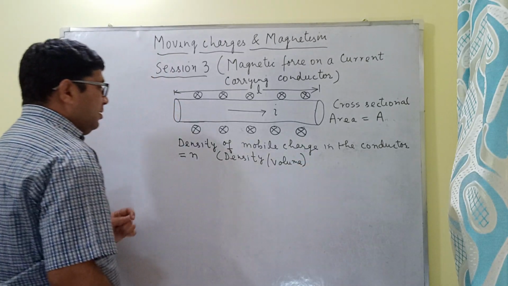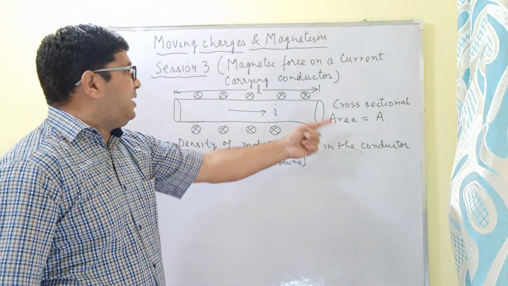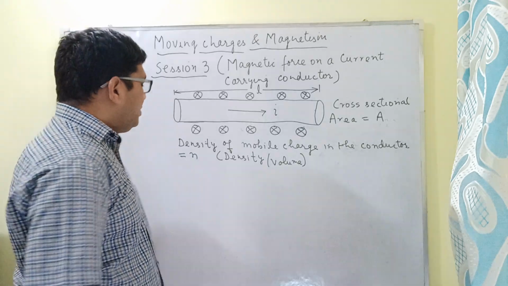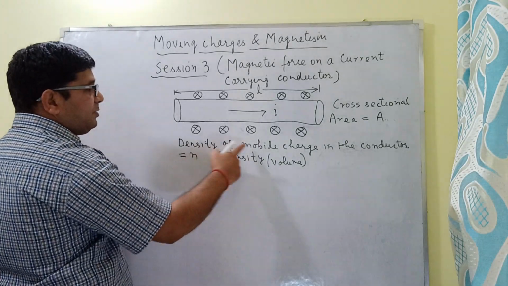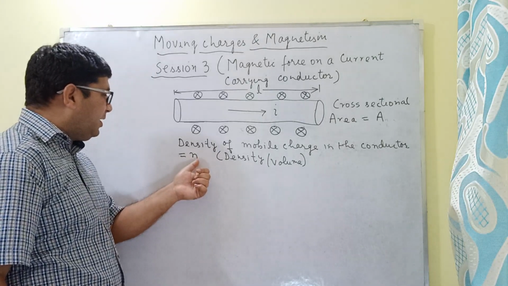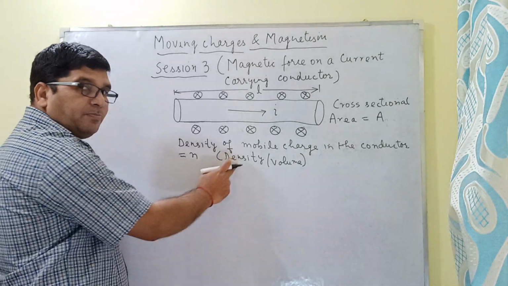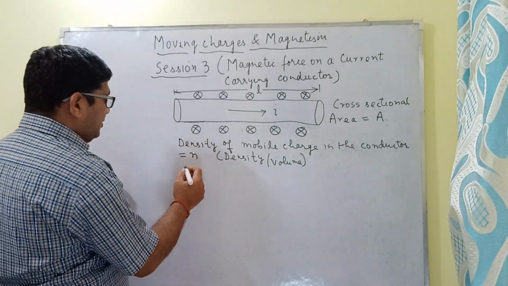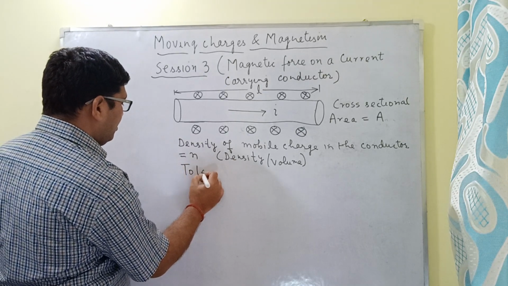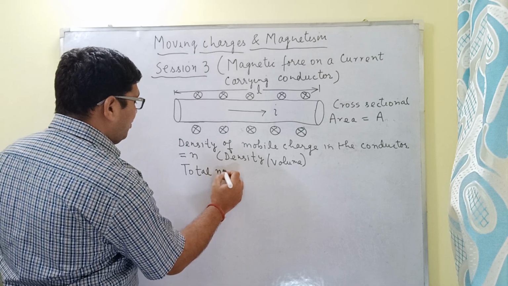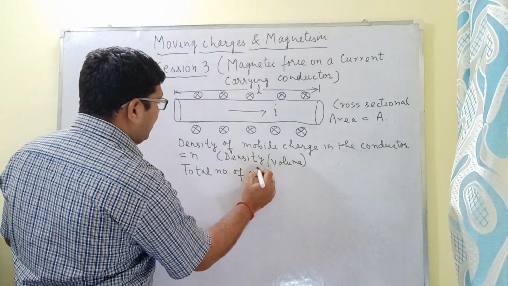ठीक है. सो अगर एरिया ऑफ क्रॉस सेक्शन A है और L इसकी लेंथ है, so the total, इसके अंदर अगर density of the mobile charge is equal to n, and if n is the density per unit volume, then the total number of charge कितना हो जाएगा इस कंडक्टर में.